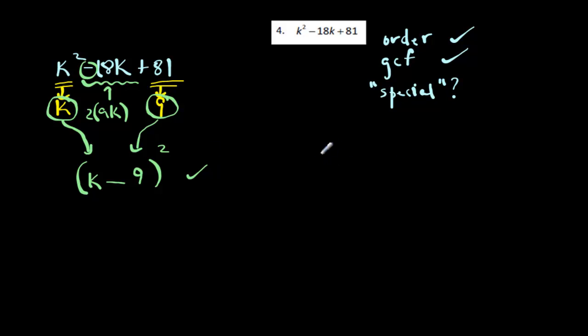Now you could check it by actually multiplying k minus 9 times k minus 9. You're going to end up with k squared minus 9k, which is minus 18k. And then negative 9 times negative 9 is a positive 81. You'll get this. So it's k minus 9 squared.